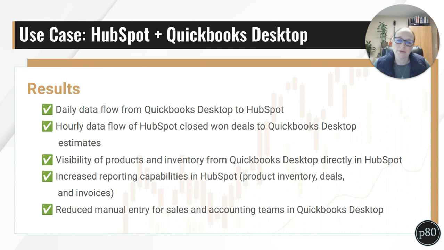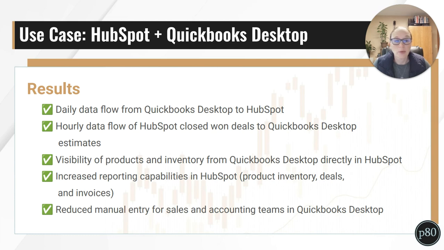This really helped give visibility of not only invoicing and customer information in HubSpot, but the products and inventory. Previously, the sales team wasn't able to have access to any sort of inventory reports because they didn't have access to QuickBooks. So having that information in HubSpot was a huge time saver for them because they could actually check inventory levels on the fly as they were working deals.